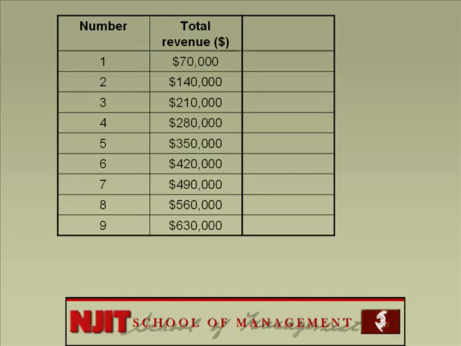So the marginal revenue in this case doesn't change. For the first unit, it's 70. The difference between the second unit and the first unit is 70. The difference between the third unit and second unit is 70. So the marginal revenue in this example is 70,000 right across the board.